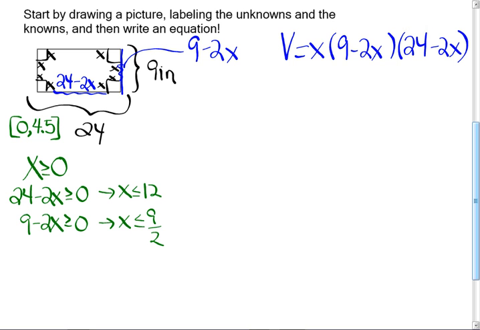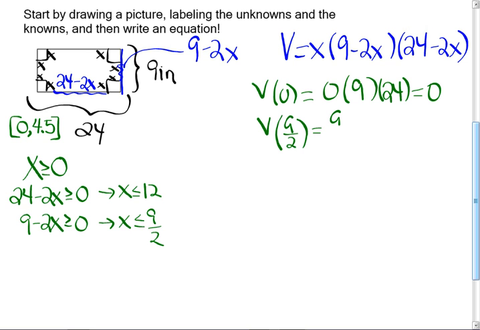Now, the max-min existence theorem says that the maximums or minimums occur at the endpoints or where the derivative is 0. What's v of 0? 0 times 9 times 24. Another candidate is v of 9 halves.